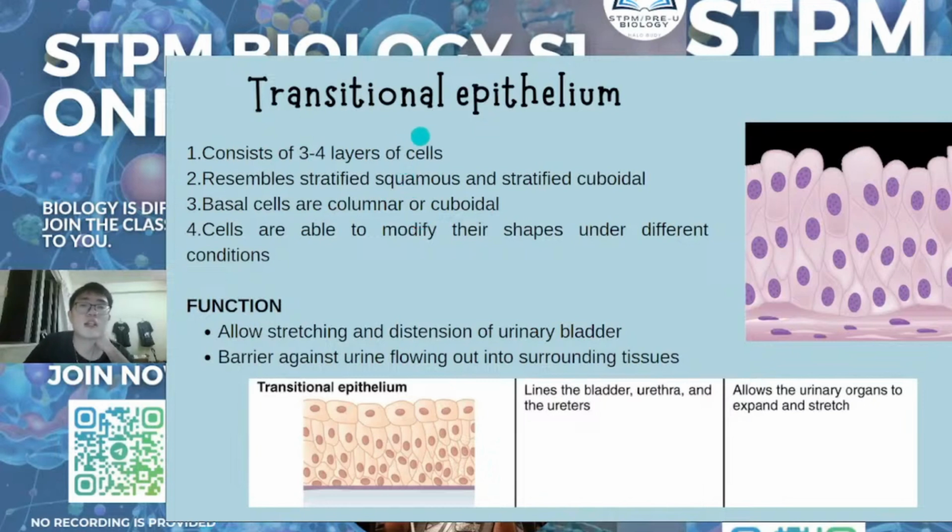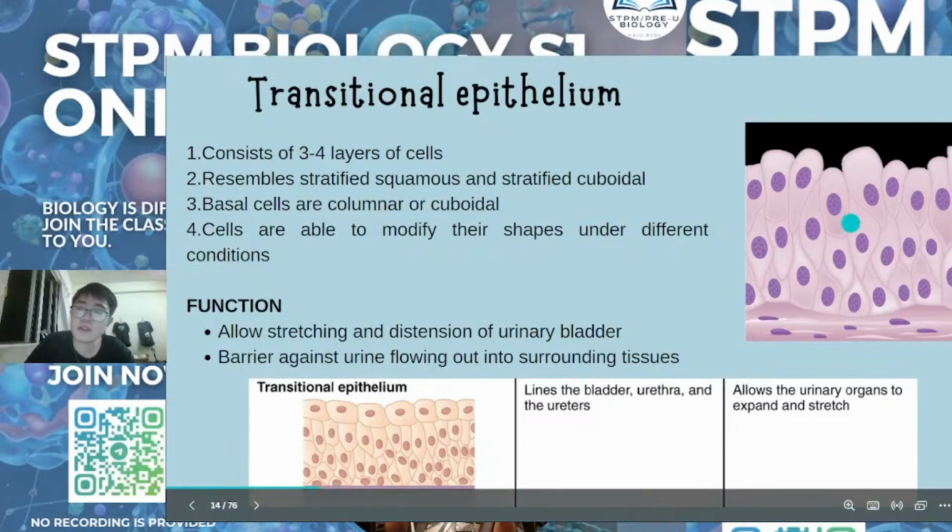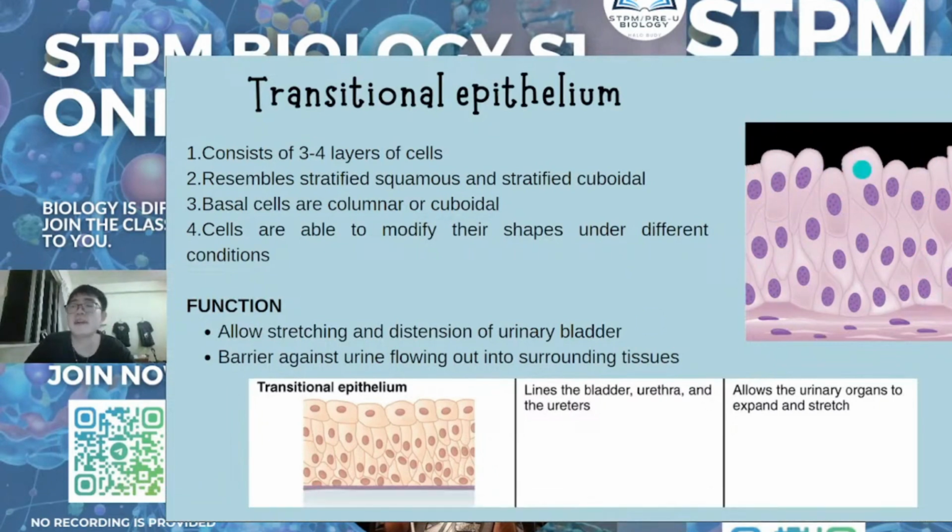Transitional epithelium is actually a combination of squamous and cuboidal epithelial tissue. It is mixed. If you see here, it is really very unusual, because it is already multi-layered. It does have layers, and it is a combination of squamous, cuboidal and also columnar.